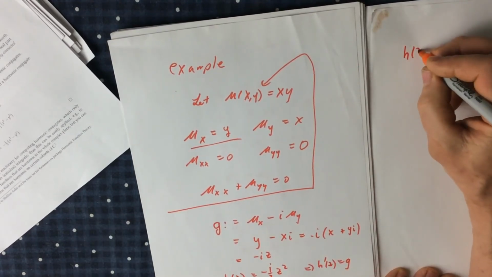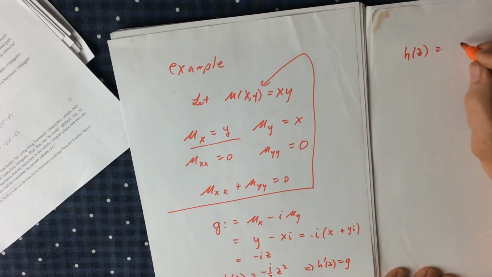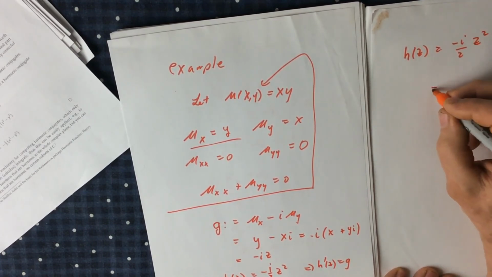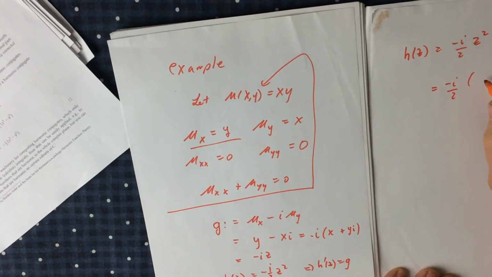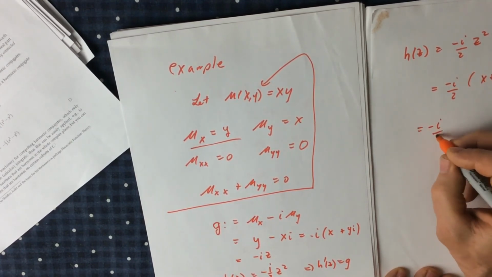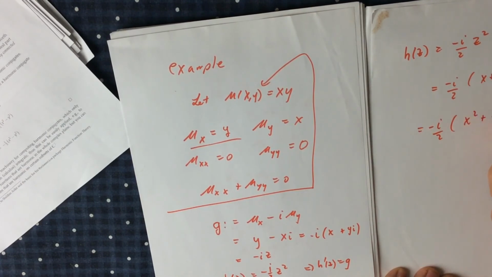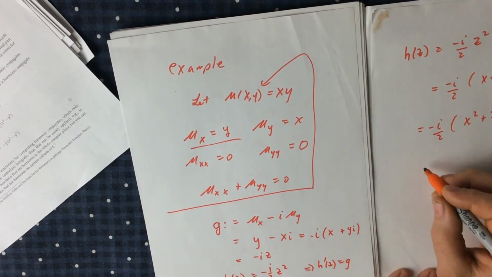Our claim is that the function h of z is minus i over 2 z squared, which is minus i over 2 times x plus yi squared, which is x squared plus 2xyi minus y squared.